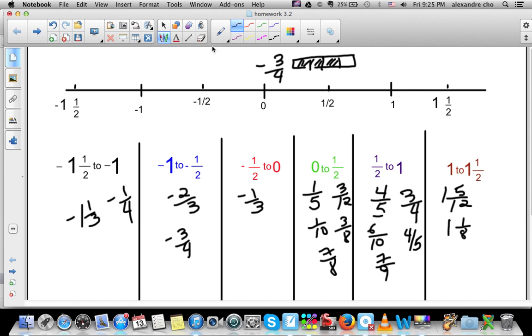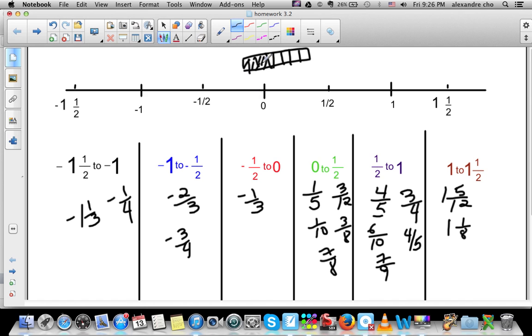Negative 3/8 is our next one. Okay, guys, negative is just a mirror image. Same thing, but it has a negative sign. So negative 3/8. Here's something that's cut into 8 parts, and you take 3.